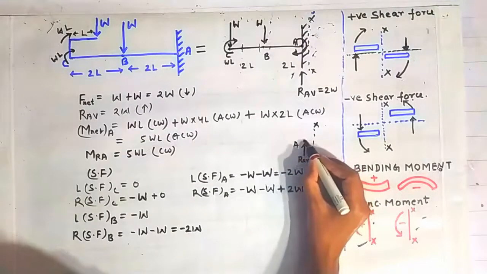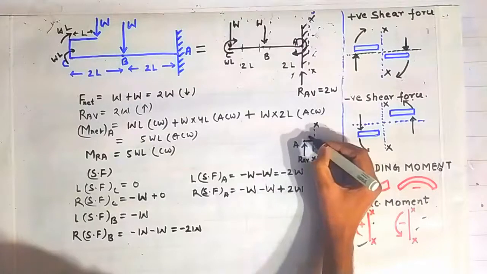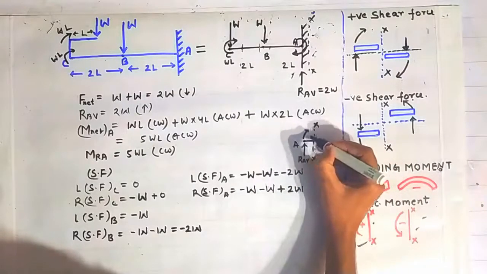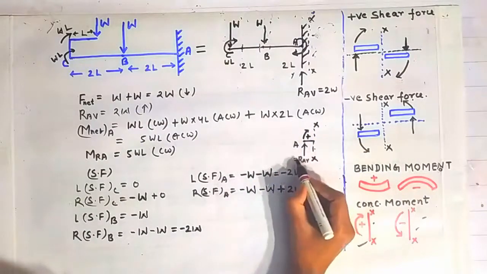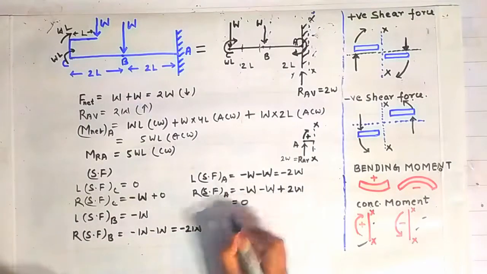So it is causing rotation of this imaginary beam element between the point A and section XX in clockwise direction. So it is taken as positive 2W, this RAB, because the magnitude of RAB is 2W. That is the reason. So it will give us zero shear force.